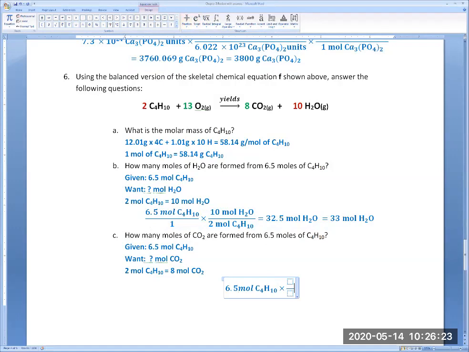So again, the moles of C4H10 here are in the numerator. And so the conversion factor must be written such that we will cancel moles of C4H10. So the 2 moles of C4H10 will go in the bottom. And so I'll copy that and put this. And it's 2 moles of C4H10. That makes 8 moles of CO2.